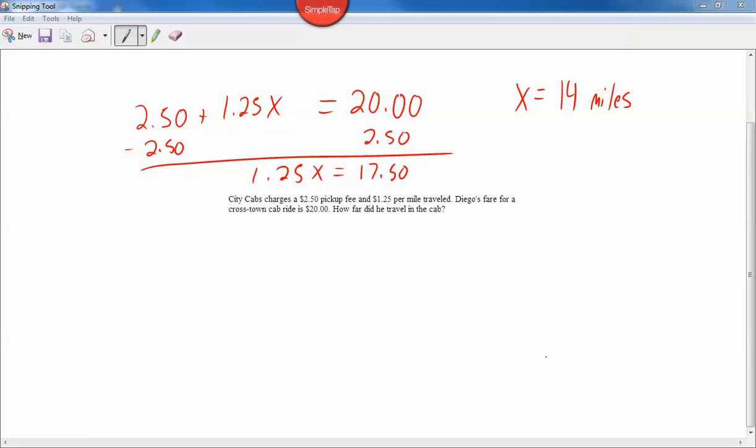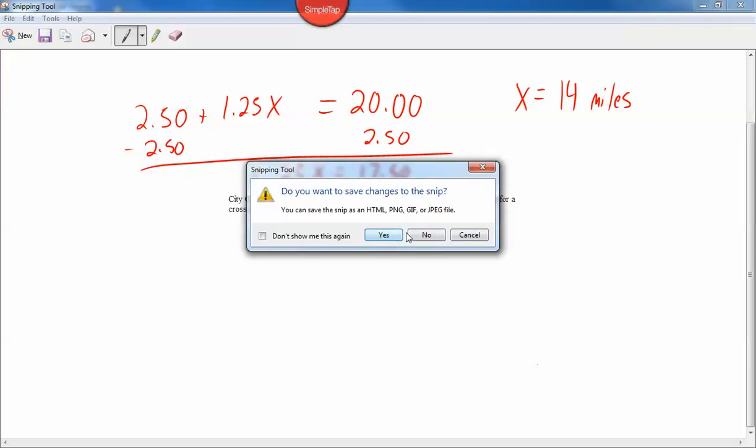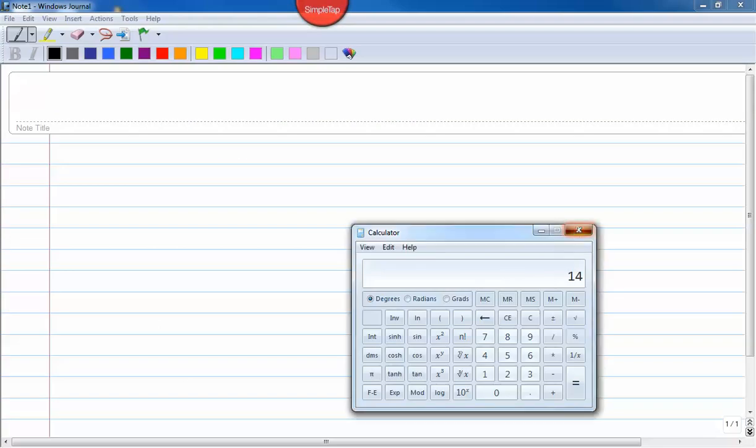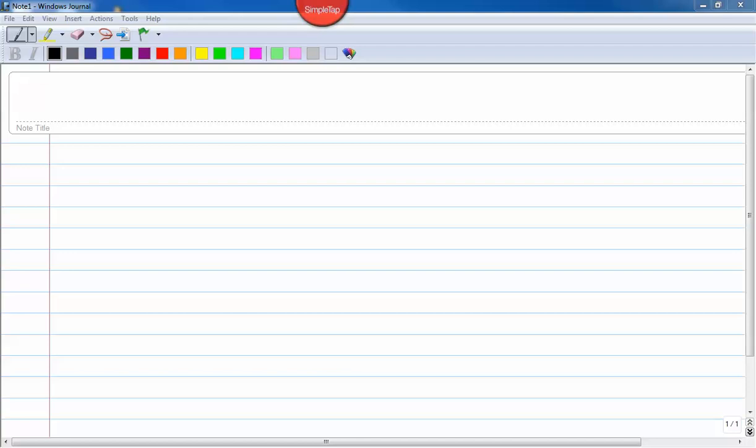Now, in chemistry, physics, even in accounting, different classes like that where you have formulas, a lot of times we want to take a formula and solve for one of the variables.